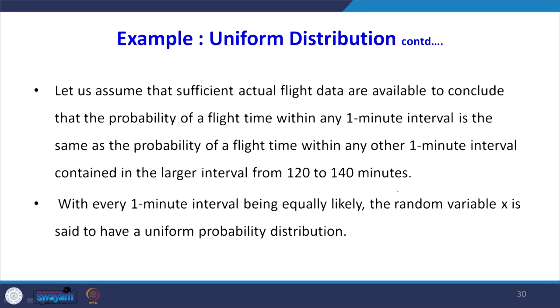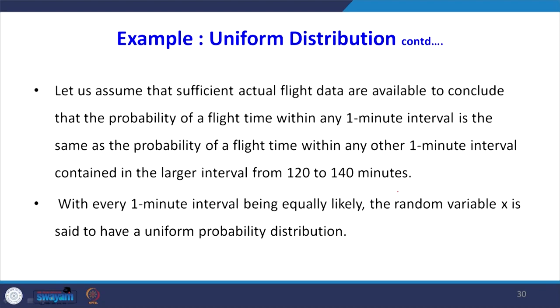Let us assume that sufficient actual flight data are available to conclude that the probability of a flight time within any 1 minute interval is the same as the probability of a flight time within any other 1 minute interval contained in the larger interval from 120 to 140. So, that is the property of your uniform distribution.